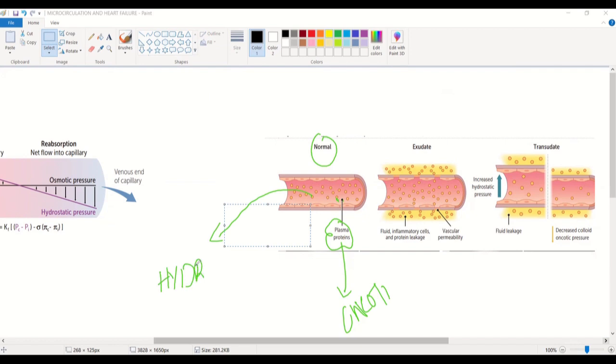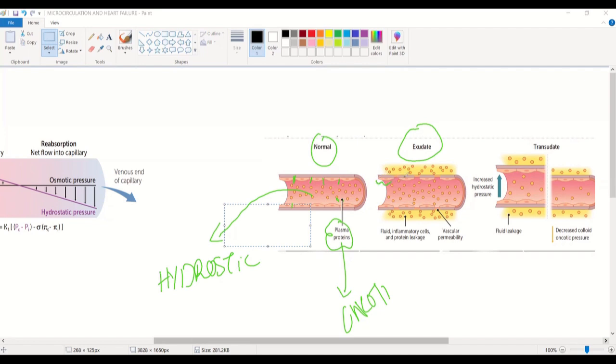In the exudate case, with normal capillary permeability there is no space between the capillary endothelial cells, right? In exudate fluid, what will happen?